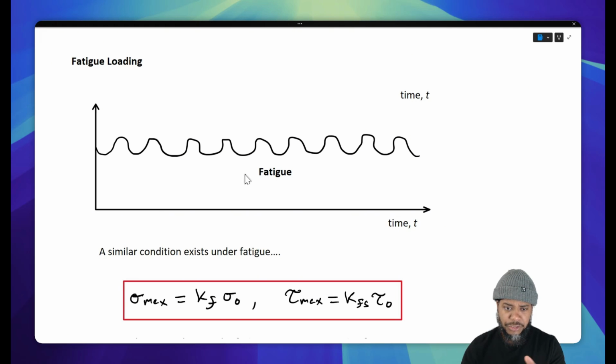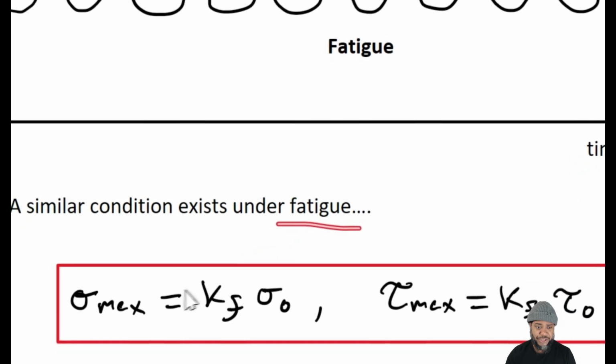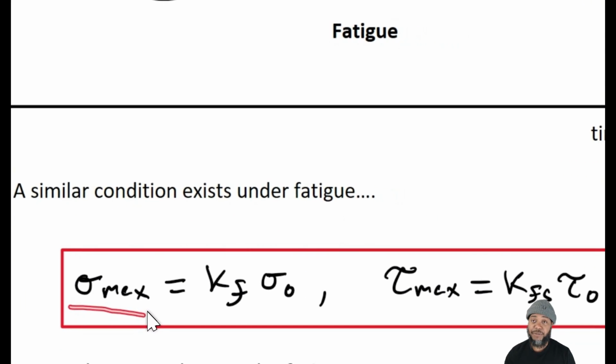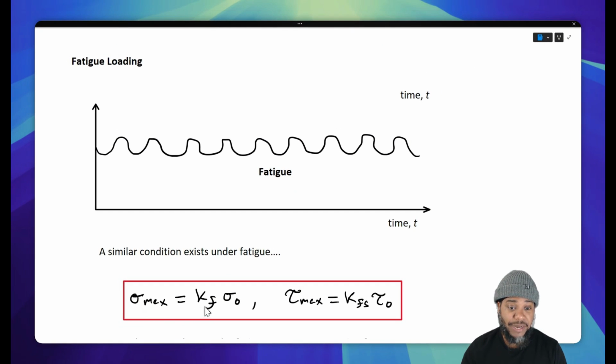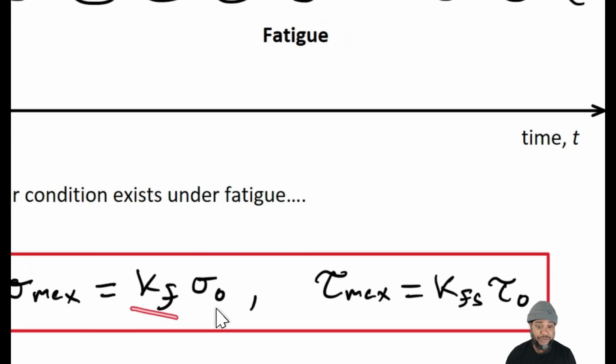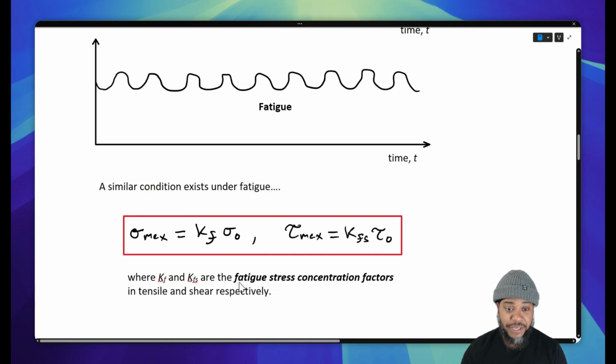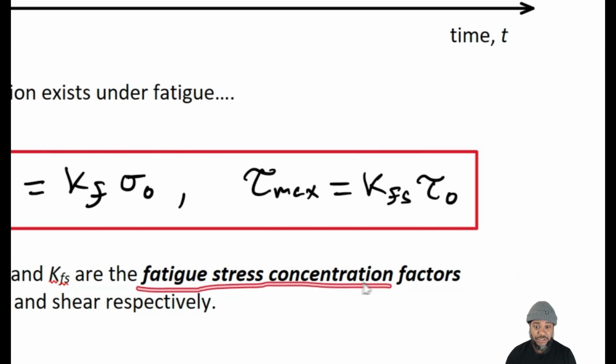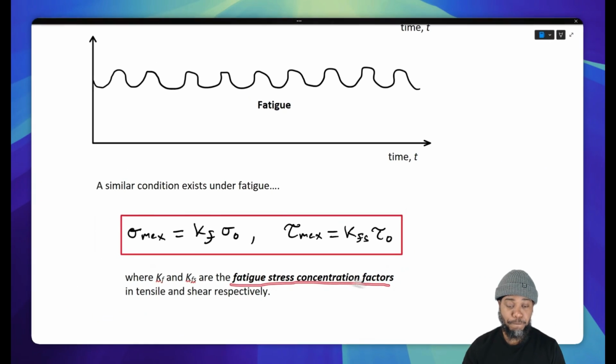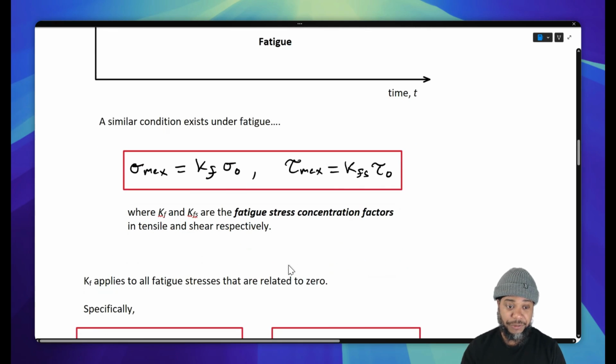Now, similar to the static condition, under fatigue conditions, there exists a maximum stress, where the max stress is equal to a Kf factor times the nominal stress, where Kf is our fatigue stress concentration factor, right? So a factor related to fatigue.